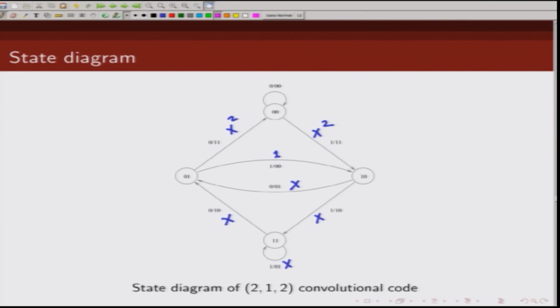What about this one? Here the input is 1, so the weight of the information sequence is 1, and it will be y. For this one the weight of the information sequence is 0, so y^0 is 1. So wherever you had 1 here, you are adding basically y. Similarly, at each of these transitions there will be a z added to denote the length.